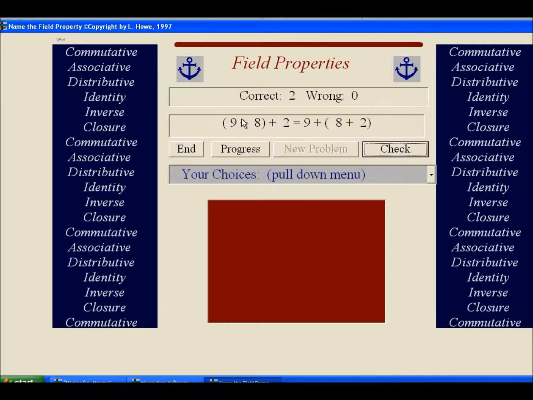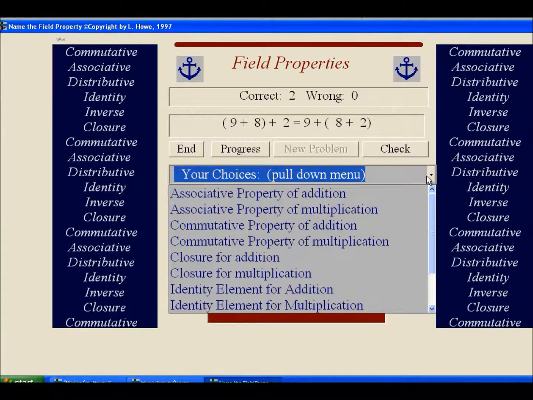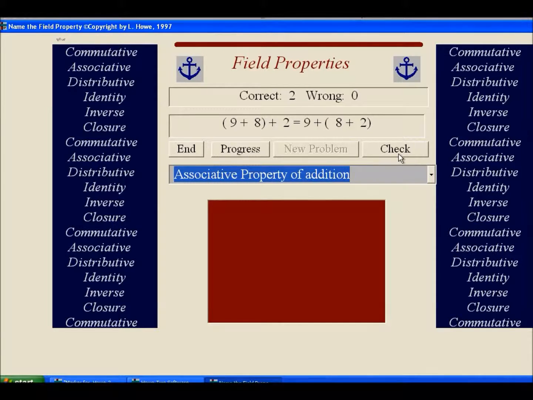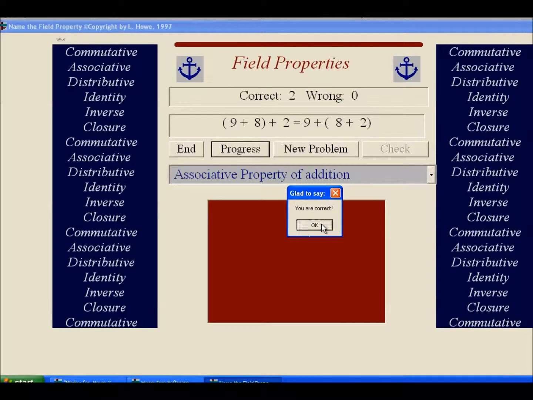The associative property says it doesn't matter how you associate them when you want to get the answer to more than two things together. So this is the associative property, and since we're talking about addition, it's the associative property of addition. Check, we win.